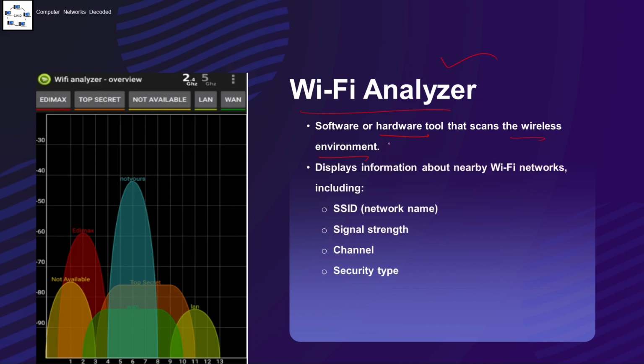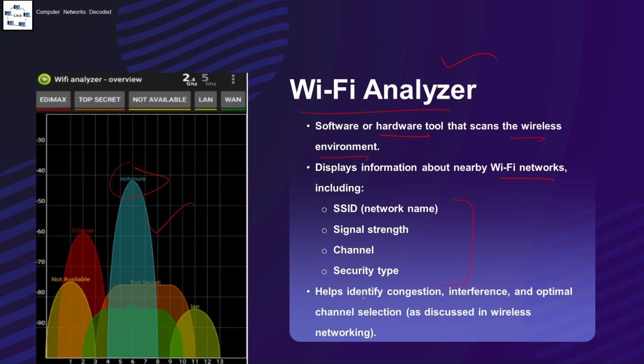And the display of this analyzer basically displays nearby Wi-Fi networks, and it displays information such as the SSID of the network, the signal strength, the channels, and the security type used by the Wi-Fi networks. And this Wi-Fi analyzer is basically used to identify congestion, interference, and optimal channel selection as discussed in the wireless networking.